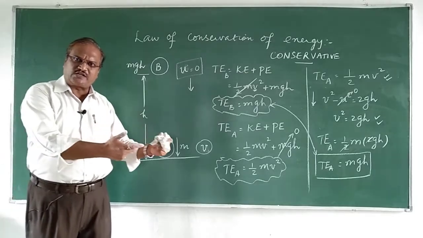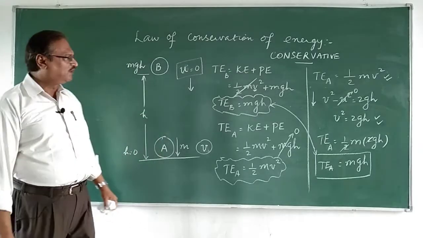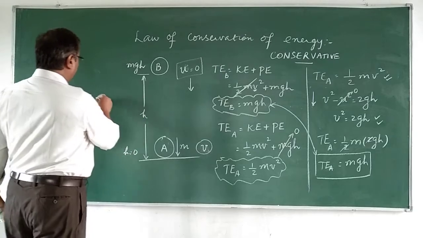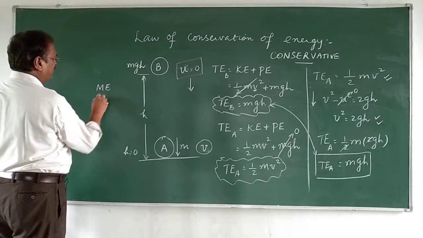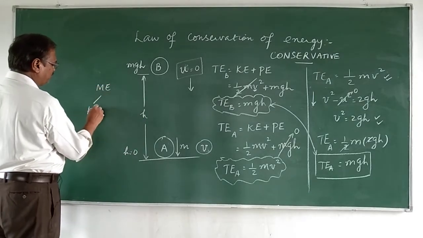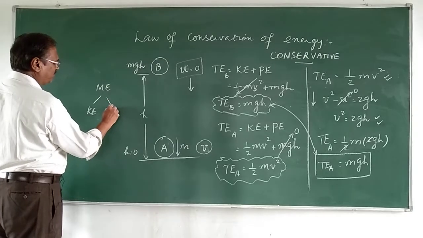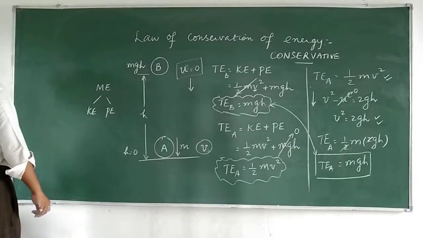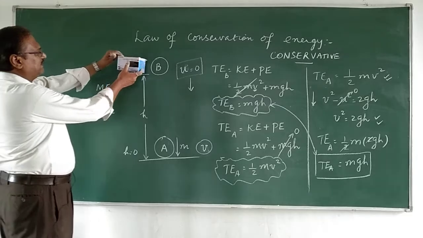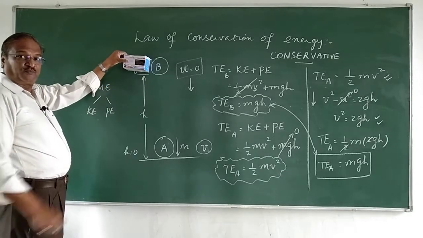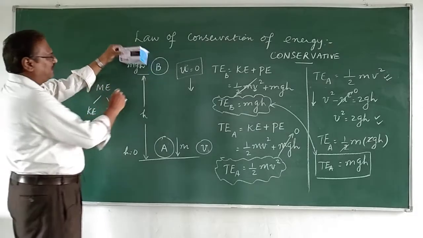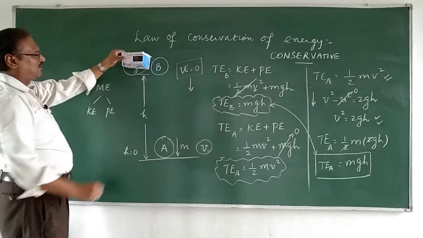You might have studied this in junior classes also. And here we are talking about mechanical energy, and we said kinetic energy, and another form is potential energy. When the body is here, the body is possessing potential energy and the value is mgh.